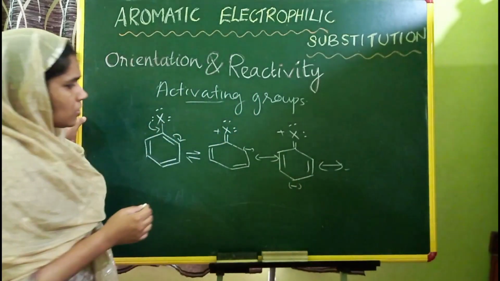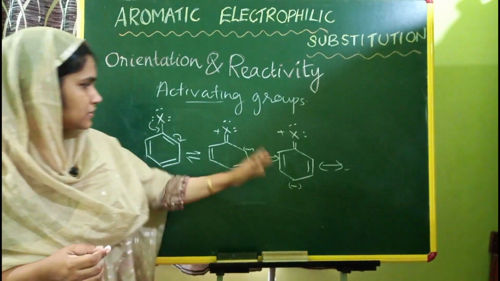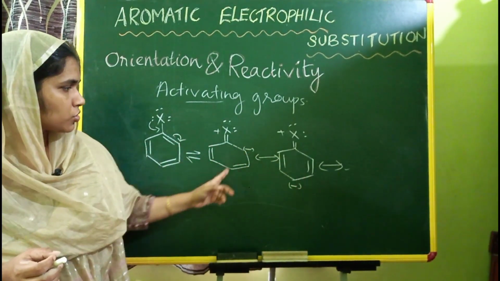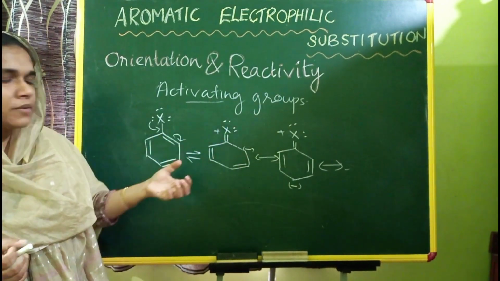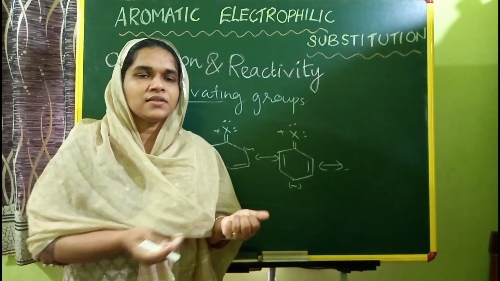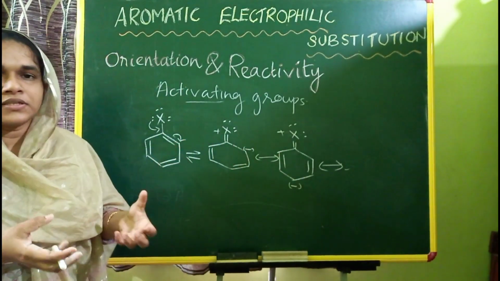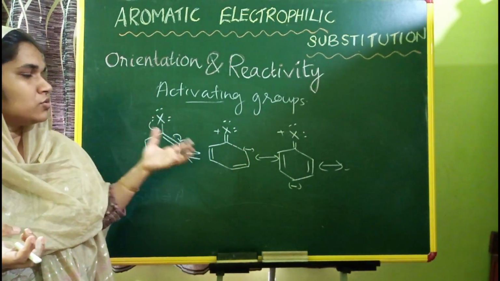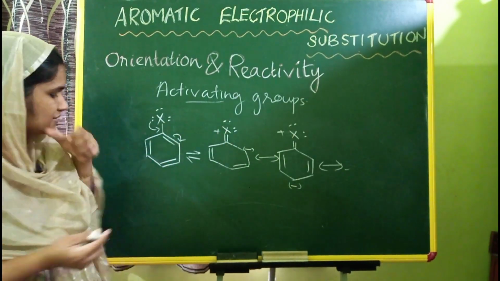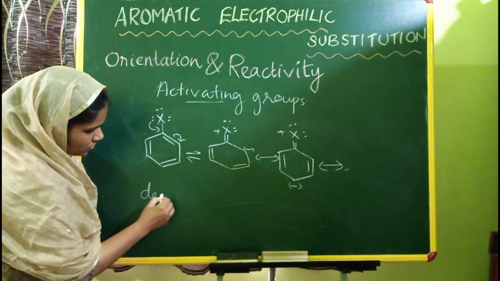Even though there is a mesomeric effect like this and it is ortho-para directing, due to the inductive effect, the electron-withdrawing effect of this halogen, the electron density is withdrawn by its electronegativity. That is why it is a deactivating group.